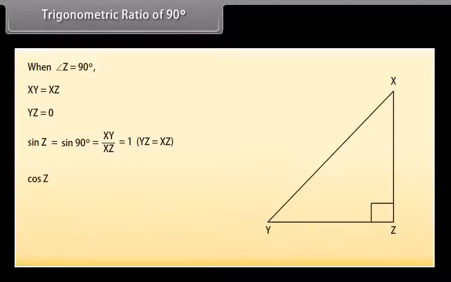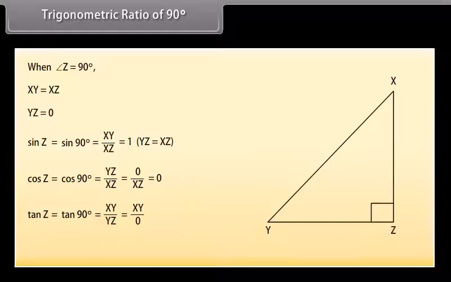Cos Z is equal to cos 90 degree, which equals YZ upon XZ, equals 0 upon XZ, which equals 0. Tan Z is equal to tan 90 degree, which is equal to XY upon YZ, equals XY upon 0. Therefore, tan 90 degree is undefined.